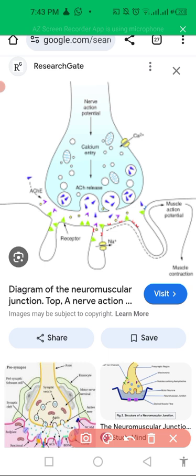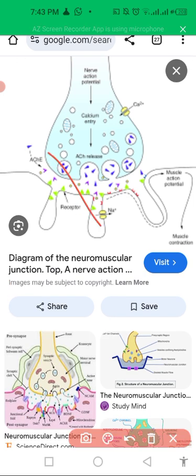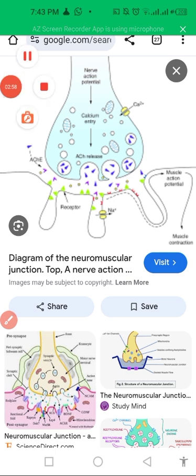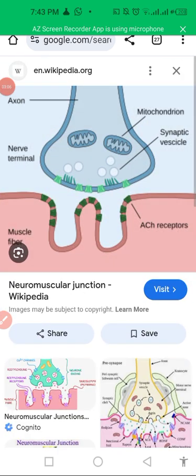These three agents bind with different mechanisms and cause different functions. So in this way we have to memorize the normal anatomy as well as the normal physiology of the neuromuscular blockade.